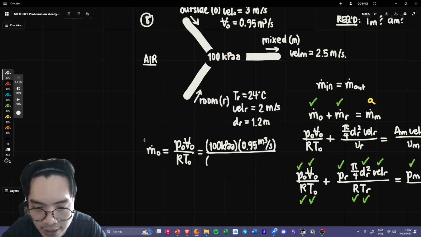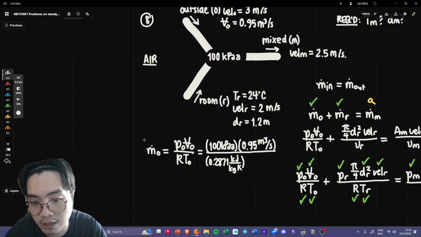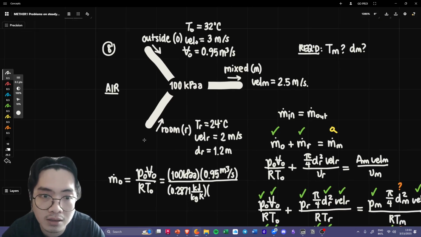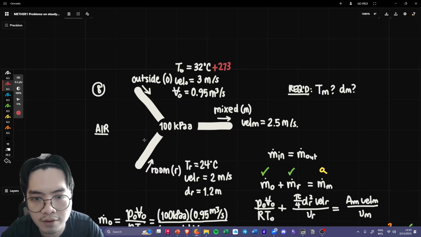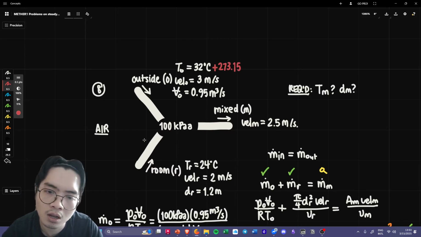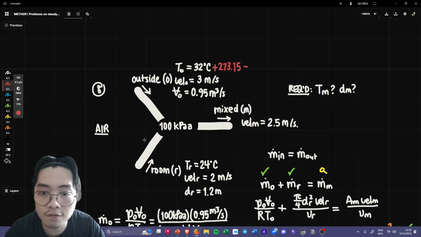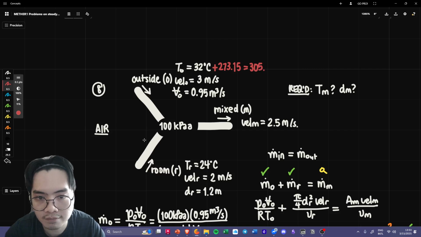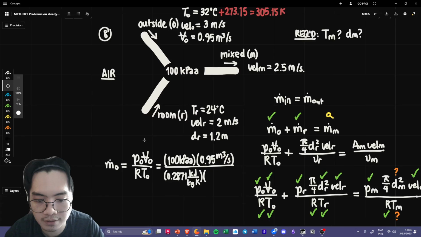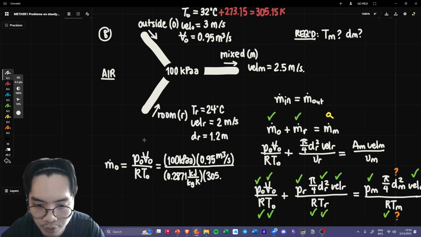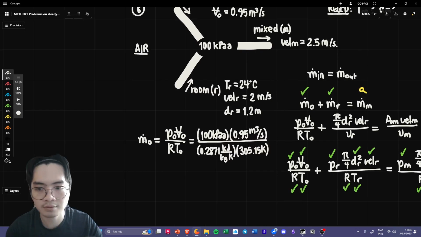The R of air is 0.2871 kilojoule per kilogram Kelvin. And then your TO is 32 plus 273.15. That gives you, what is this? 305. Is that right? Yeah, 305.15 Kelvin.